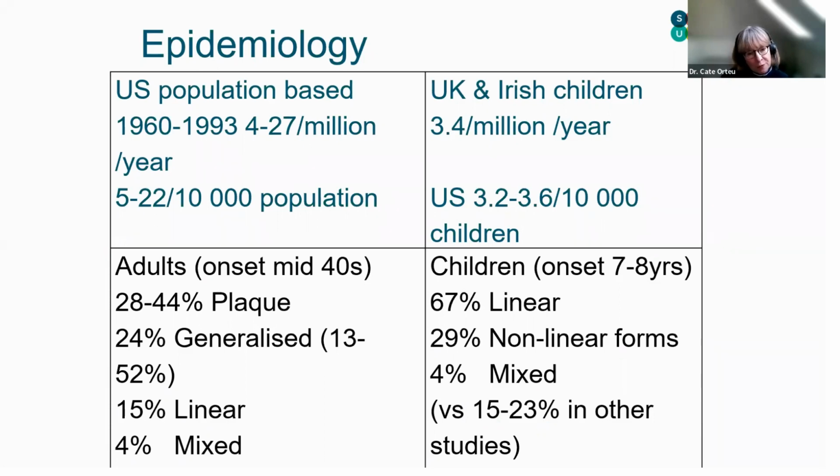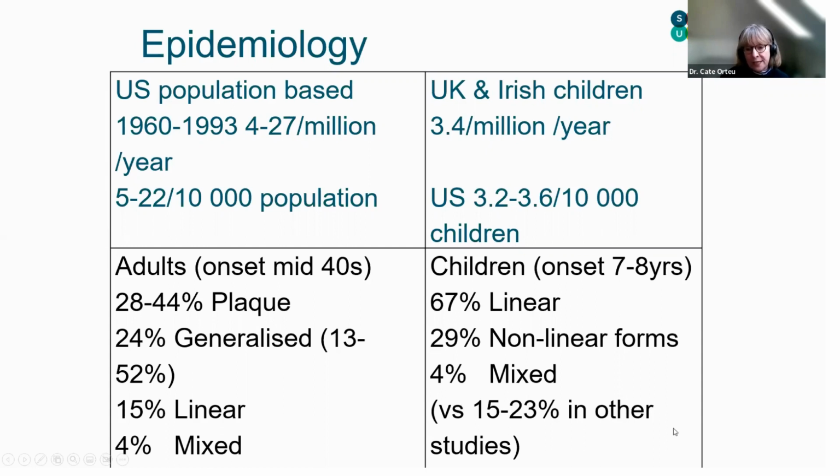The type of Morphoea is different in adults compared to children. In adults, we tend to see more plaque disease and more generalized, disseminated plaque disease, and less linear disease. Whereas in children, a majority have linear disease, so band-like involvement of a limb, of the head and neck, or of the trunk.